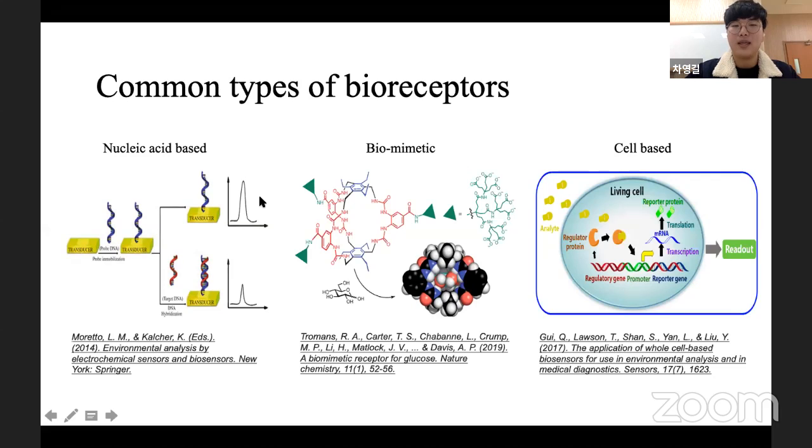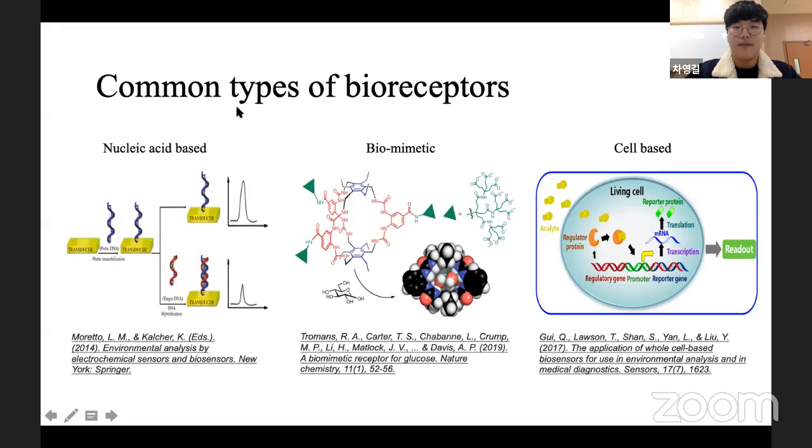It can be included in the biomimetic category, but it also detects the nucleic acid, as in what is called an aptamer. The nucleic acid-based biosensors are generally used for detecting RNA and DNA with nanoparticles or fluorescence labeling.